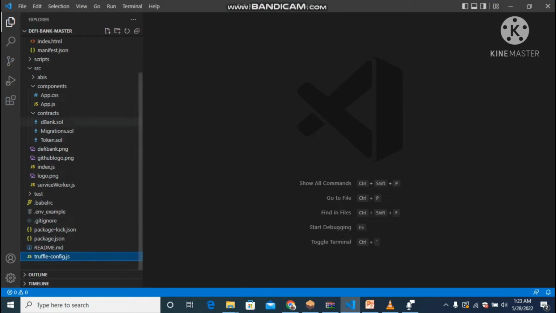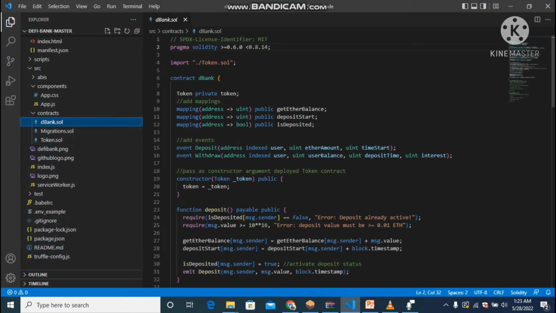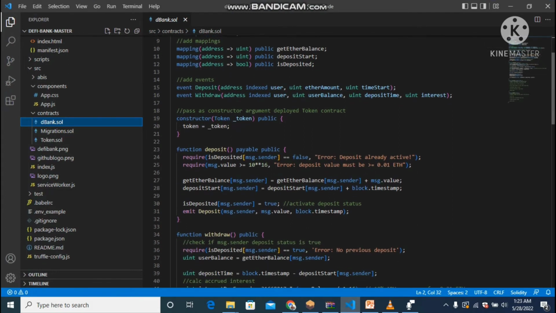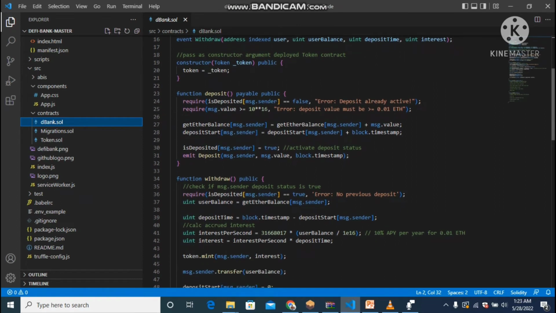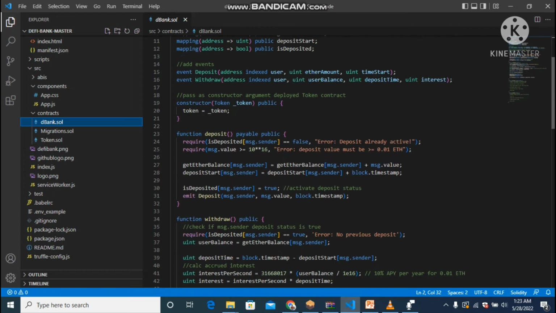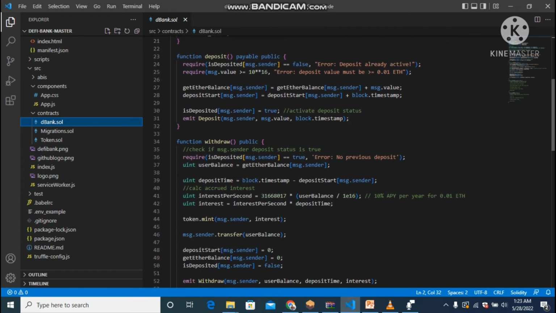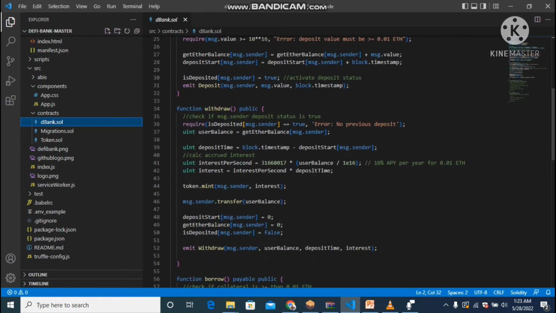Here you see the contracts that I have written in the Solidity programming language. This is the main contract that we have called bank, and in this contract I have written all the functions: the withdraw function, the deposit function, and the functionality we talked about that provides interest to the customer using an ERC20 token.